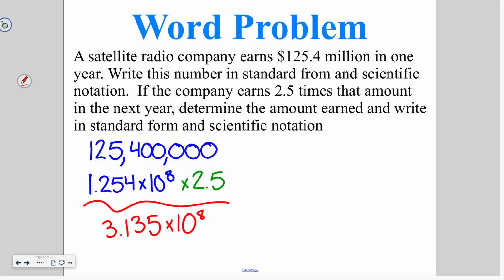And then I need to turn that back into standard form. So I'm going to move it 1, 2, 3 spaces to get rid of the decimal, and then add on 5 zeros on the end, putting in my commas to give me 313,500,000. If you have questions about the word problem or anything else from the lesson, please let me know when you get to class.